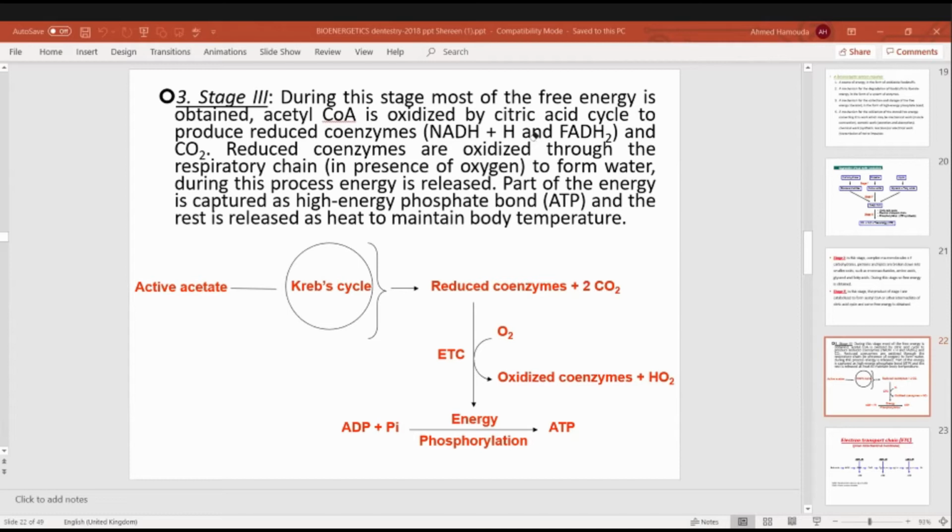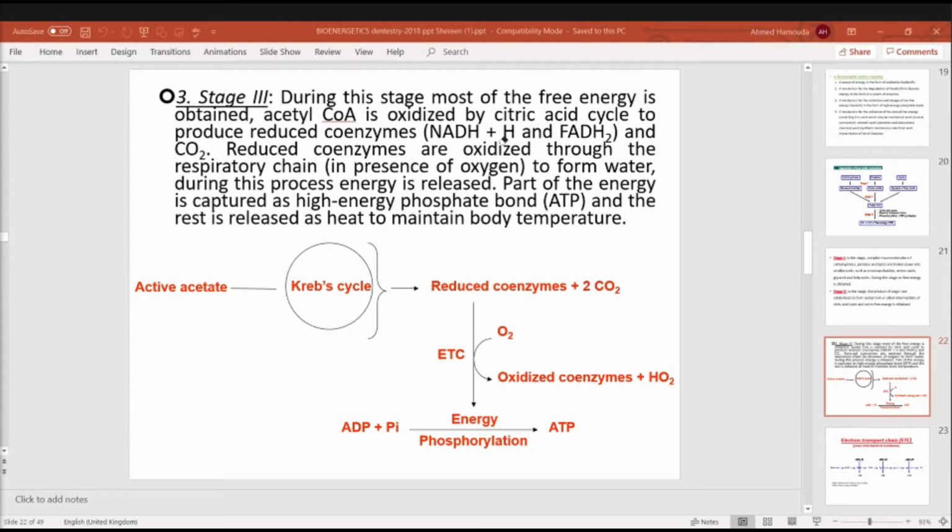If you go to your Krebs cycle, and you see what is the end, always they give you a reaction. At the end of the cycle, what do you get in the Krebs or citric acid cycle? You get NADH plus H, FADH2 and carbon dioxide, and it hasn't been mentioned here, a small amount of ATP.